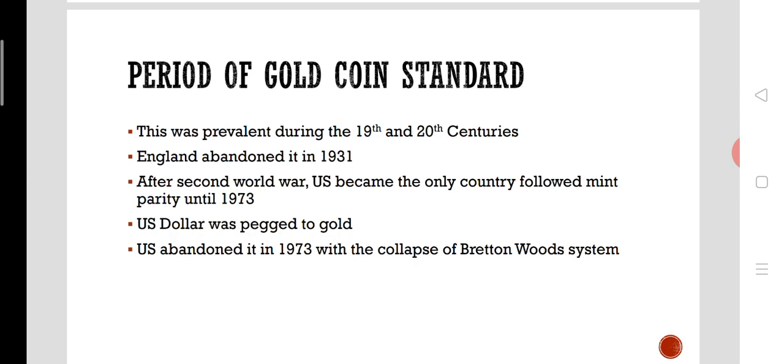At that time the US dollar was pegged to gold and all other currencies were pegged to the dollar. But under a purely gold standard system, all currencies were pegged to gold. So the currency values of all nations were subject to changes in the value of gold.